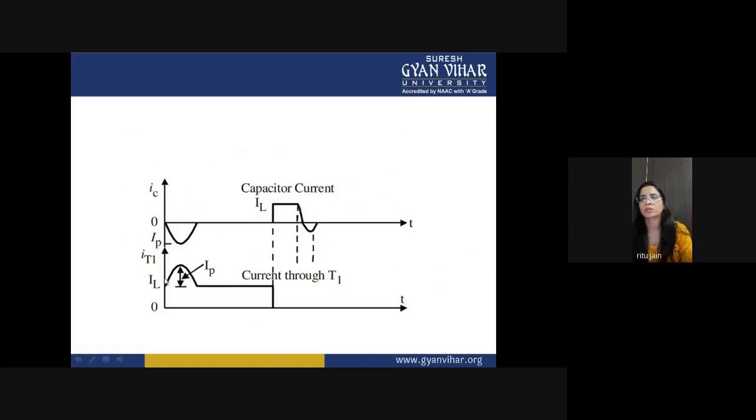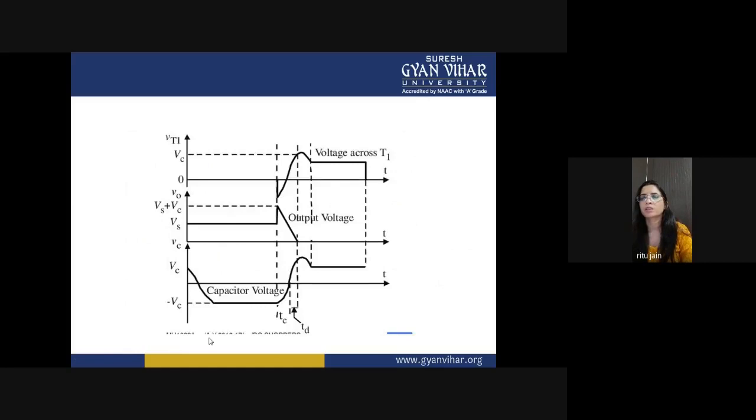So these are the waveforms of charging and discharging of your capacitor. Now these are the voltage waveforms across your capacitor, and this is the voltage across thyristor T1. This is your output voltage, and this is your voltage across your capacitor.